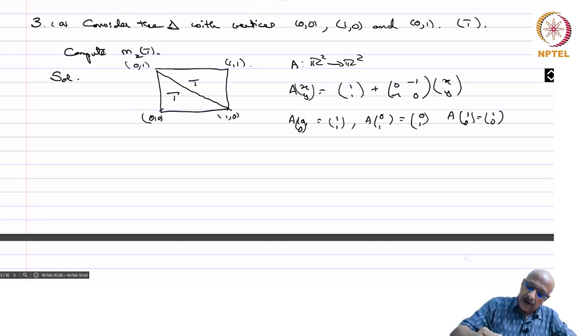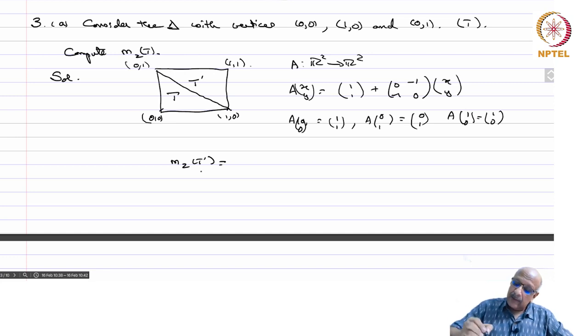So if you call this triangle T dash, then the M2 of T dash is nothing but, by translation invariance, this (1,1) doesn't matter.